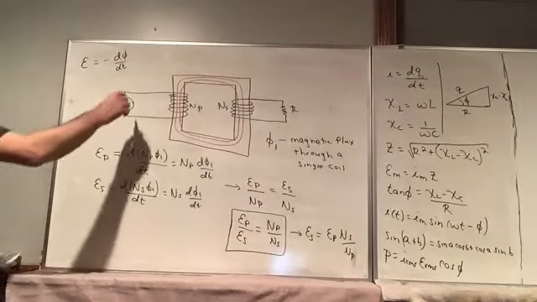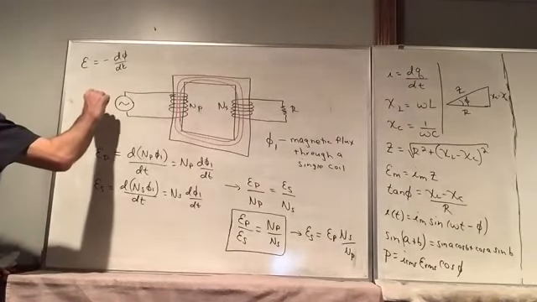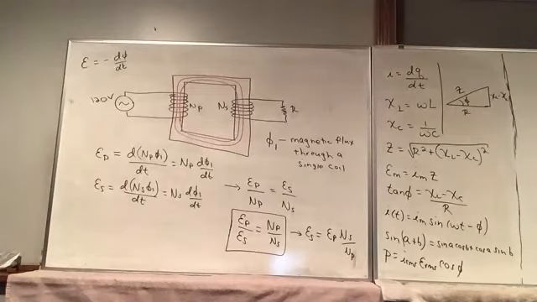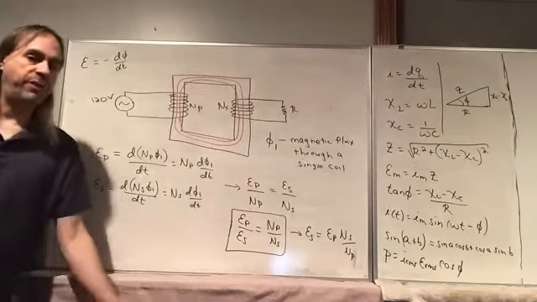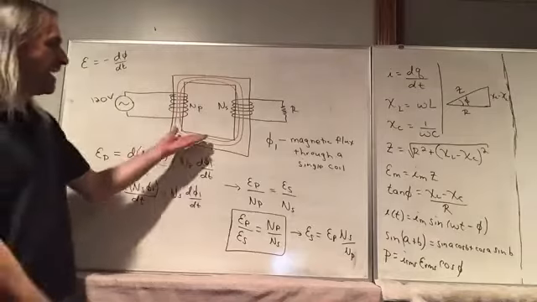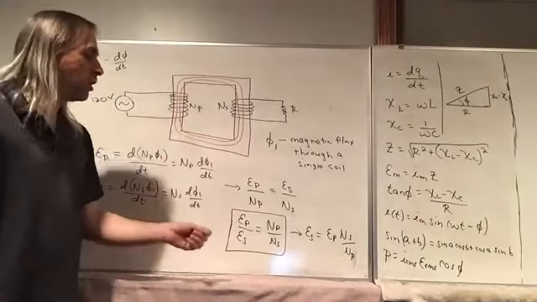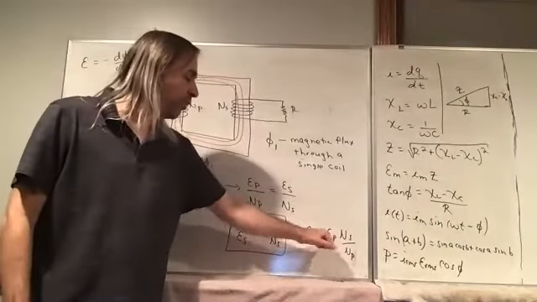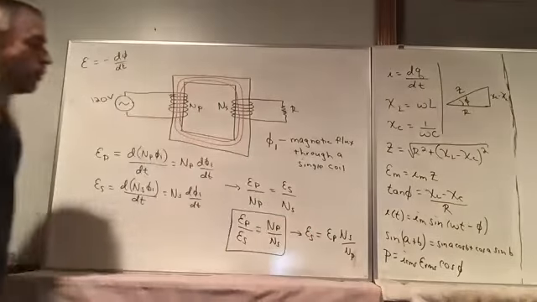So let's say that this is 120 volts here, because that's what you get from an outlet. If you have a device that wants 15 volts, so for whatever reason this device has to have 15 volts to operate, you've got 120 volts in your outlet, so what do you do? You design a transformer that will convert this 120 volts into 15 volts.